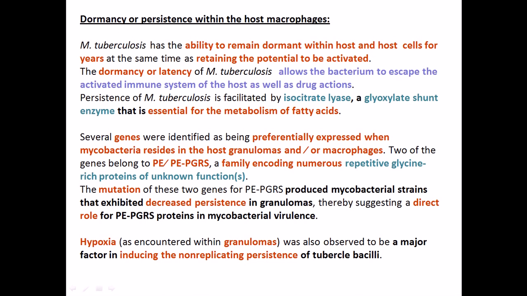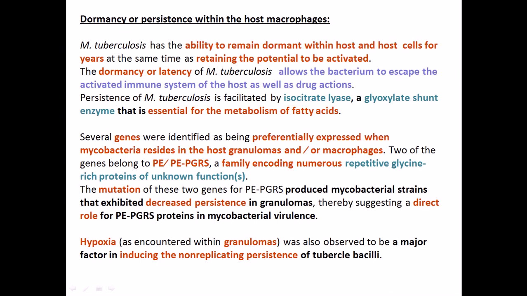Several genes were identified as being preferentially expressed when the mycobacterium resides inside the host granulomas or in the macrophages, and the examples are PE or PE-PGRS gene families. The family encodes numerous repetitive glycine-rich proteins of unknown functions. We still don't know the functions, but they produce glycine-rich proteins.